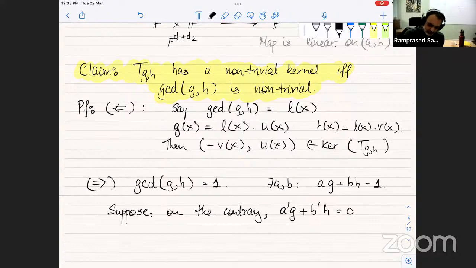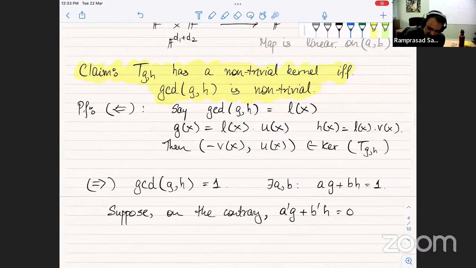So let me first show you why A prime is equal to 0. I'm going to take this equation and just multiply it by A throughout.